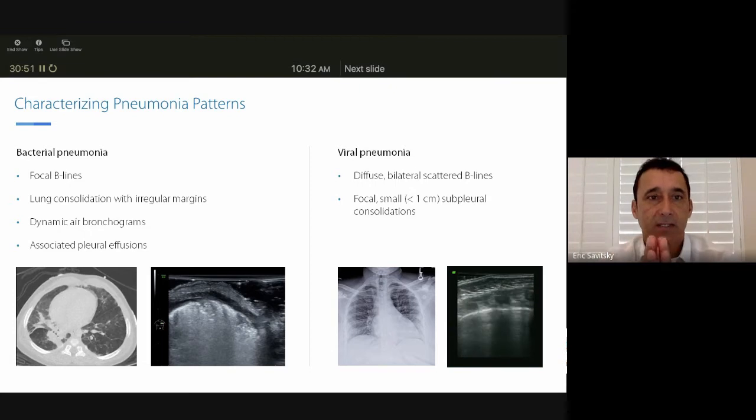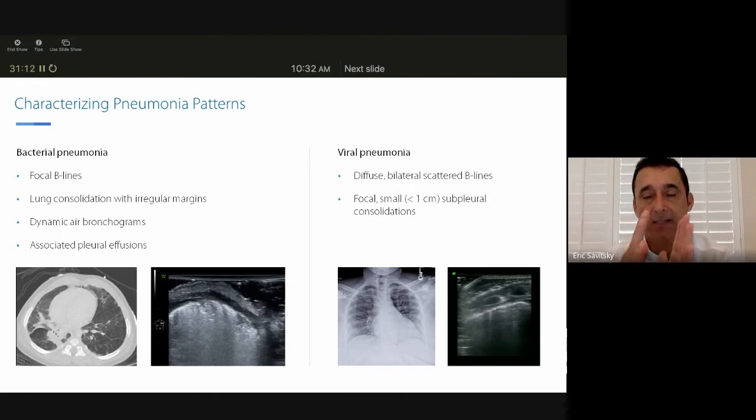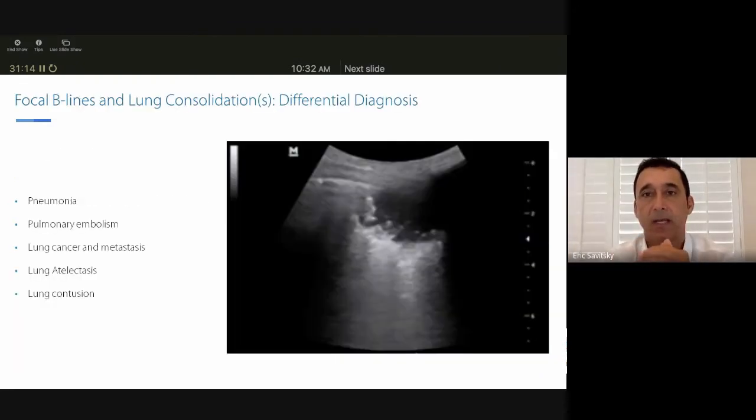The overall sensitivity for lung sonography for detecting these focal or subpleural consolidations is very high, and exceeds plain radiography. It does occasionally miss a pneumonia that doesn't communicate with the pleura. So the consolidation or pathology has to be contiguous or communicate with the pleura to enable the ultrasound signal transmission.